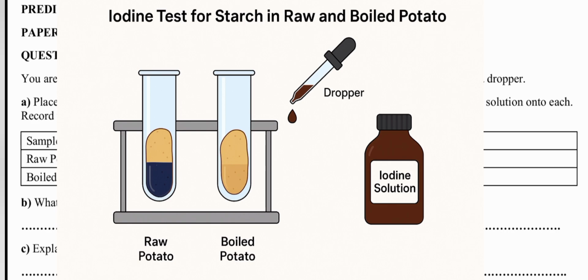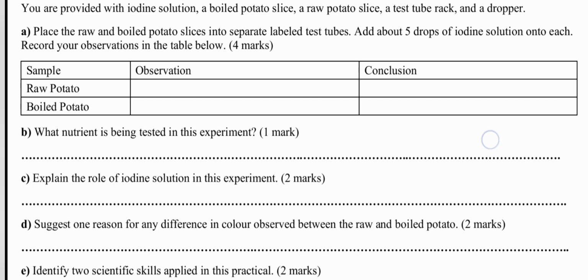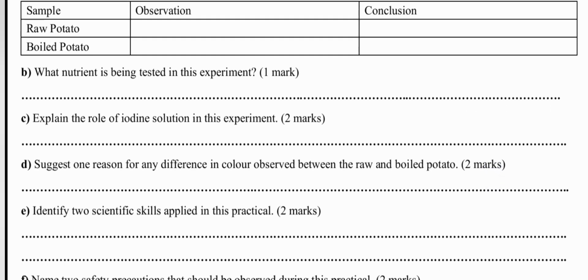So after adding, drop a small piece of raw potato and the other one a piece of boiled potato. What's the observation? Number B, what nutrient is being tested in this experiment? C, explain the role of iodine solution in this experiment. D, suggest one reason for any difference in the color of substance between the raw and boiled potato.